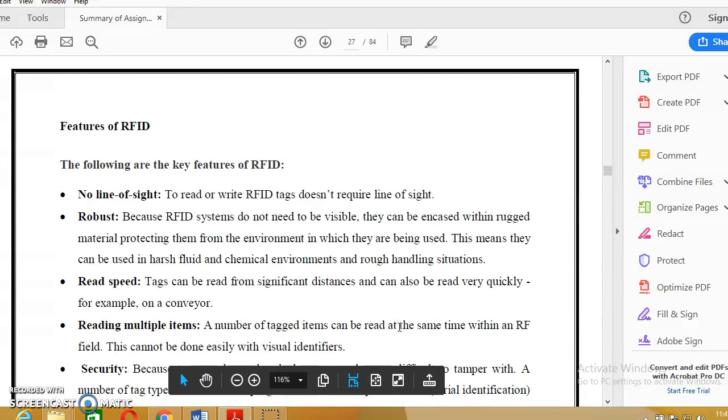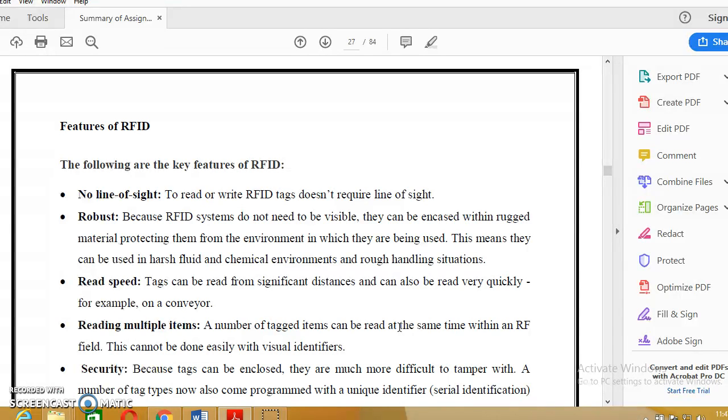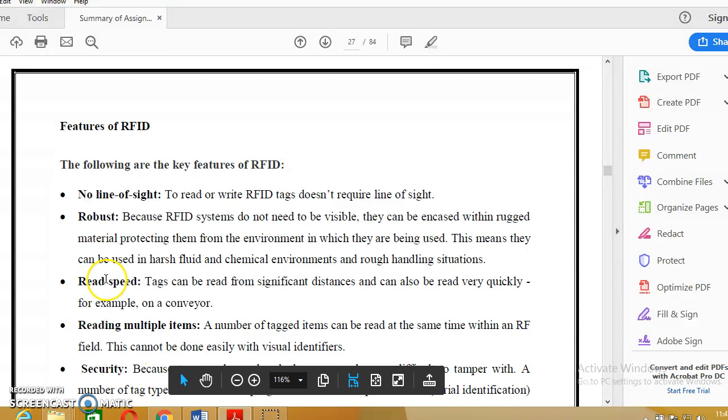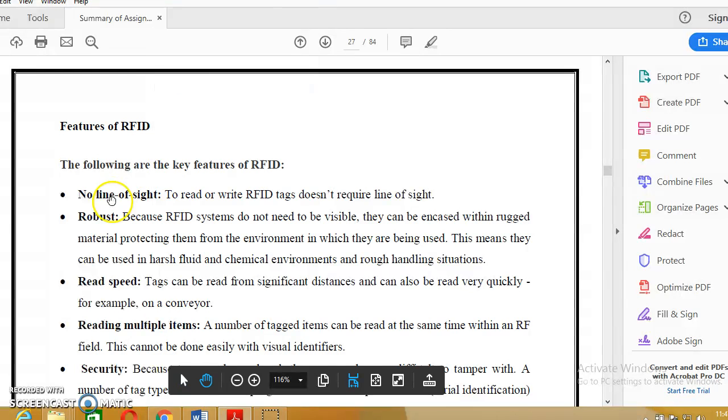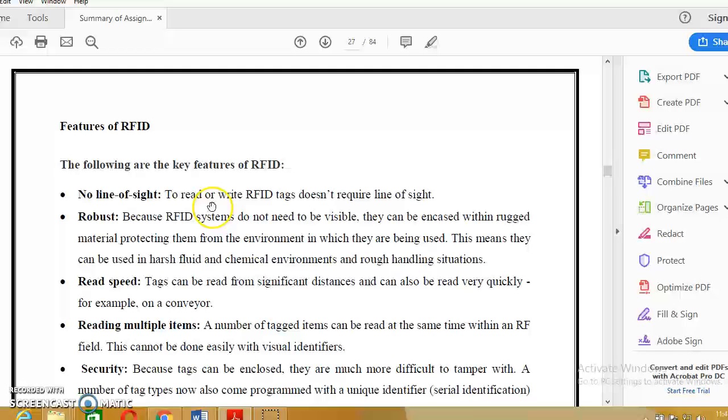Now we are going to look at the features of RFID. RFID has many features. No line of sight: to read or write RFID tags doesn't require line of sight.